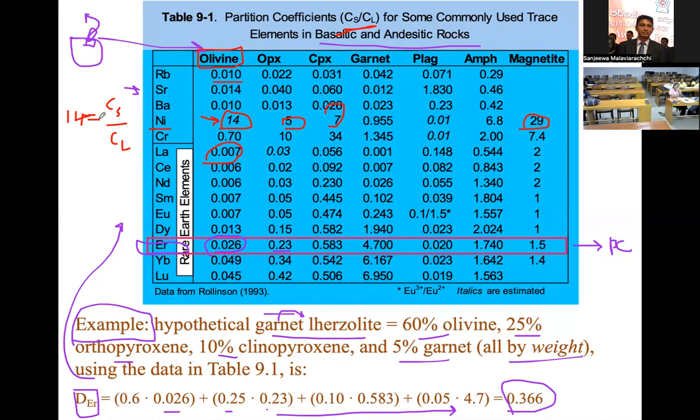For the element nickel in olivine, if you take the concentration, the solid means olivine, right? That is a mineral, because you have the mineral here. This is the residue, and your melt is going there, right?